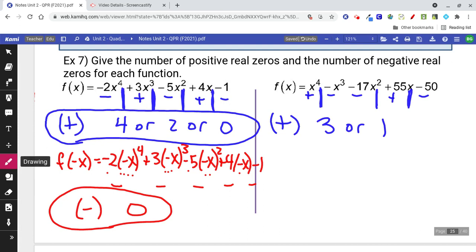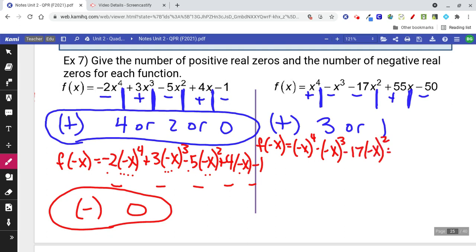For the negatives, you have to look at f of negative x. So all that means is replace your x with a negative x to the 4th power minus negative x to the 3rd power minus 17 times negative x squared plus 55 times negative x minus 50.